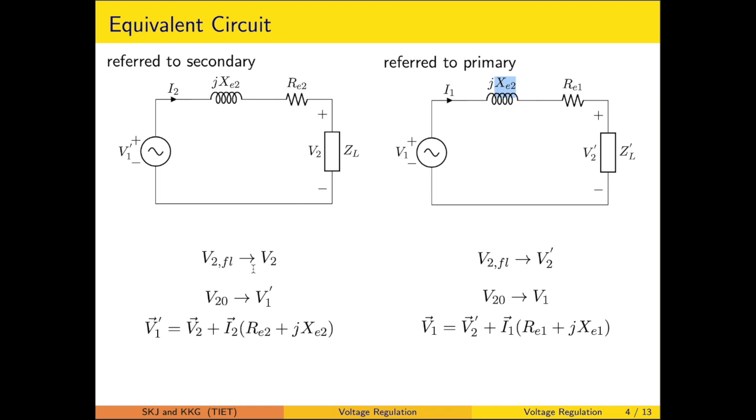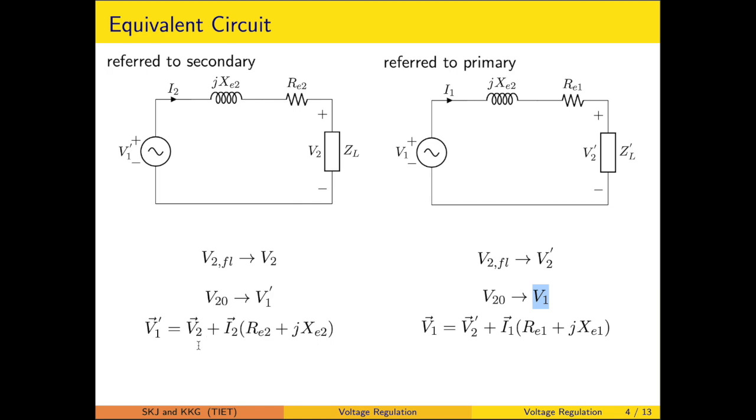Here, when we say rated full load, the terminal voltage is V2, here it is V2 dash. When the load is thrown off, that is V20. When the load is thrown off and the input voltage is kept unchanged, that will be V1 dash in this, whereas in this it will be V1.